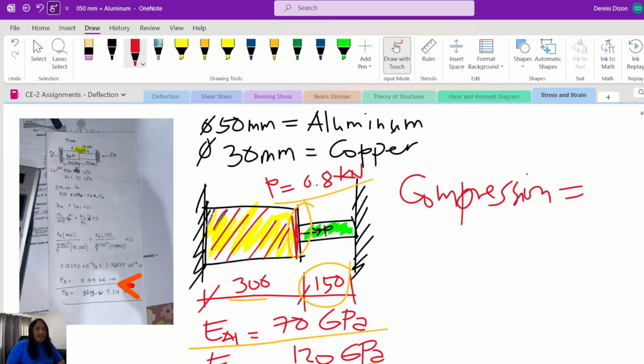To make it in equilibrium, the change in length in copper would be the same as the aluminum. So the elongation of the aluminum will be the same as the contraction of the copper. They should share the same length.